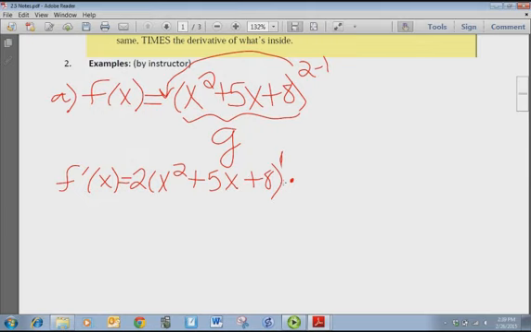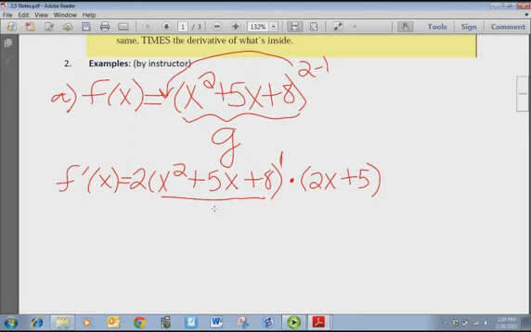Of course, we can't ignore everything inside of the parentheses. We have to now multiply by the derivative of what's on the inside. So that would be 2x plus 5, in other words, the derivative of what we call g. And that's it.